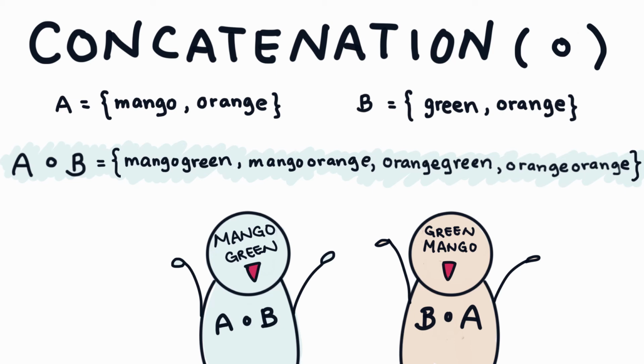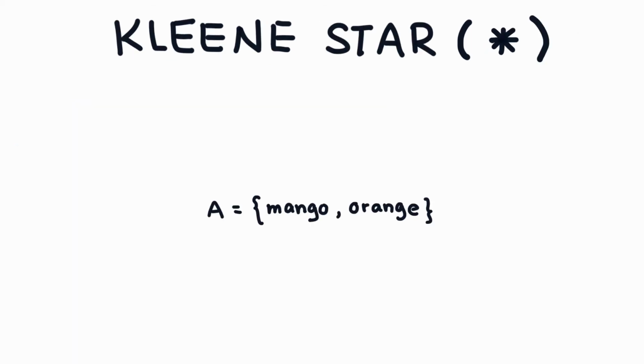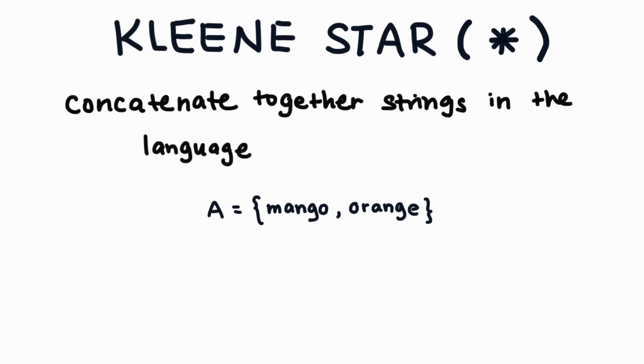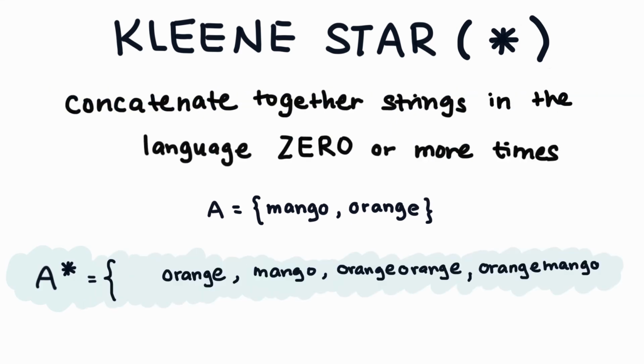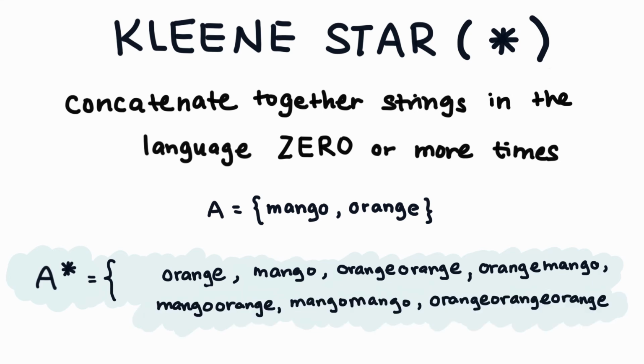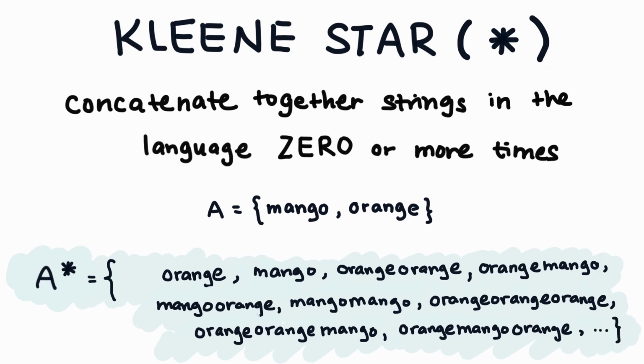And finally, there is the star operation, which is applied on only one language instead of two languages. And what the star operation does is attach together strings in the language 0 or more times. So for example, A star will give us orange, mango, orange orange, orange mango, mango orange, mango mango, orange orange orange, orange orange mango, orange, and so on.